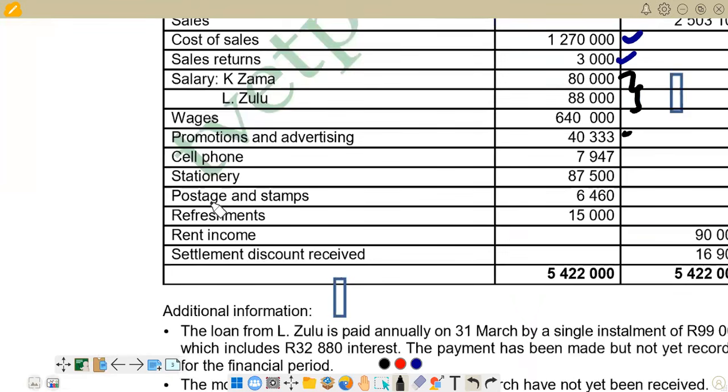Under stationery, we've got postage and stamps, 6,460. You'll see that we do not have anything about postage in the adjustments under additional information, so we put this figure straight. Then we've got refreshments, 15,000. So we can summarize these on the answer section.